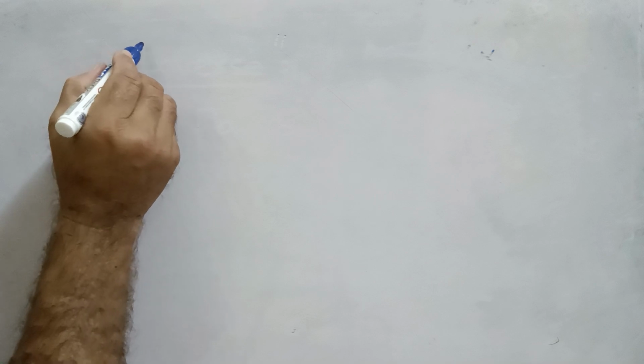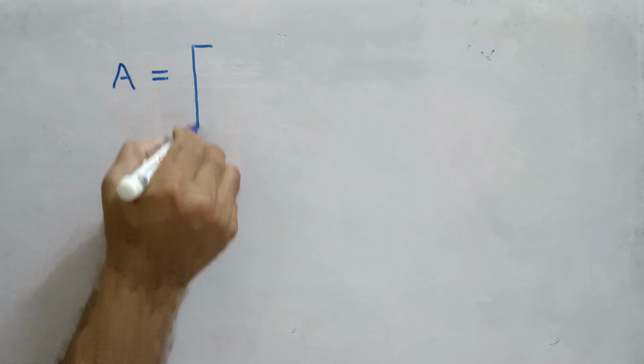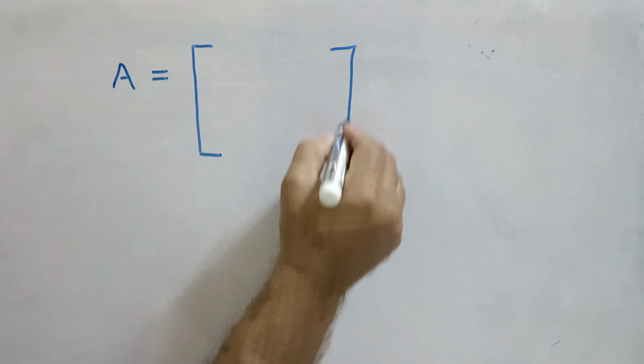If you go through our previous presentations, say for example, A is any 2 by 2 matrix where you have 2 rows and 2 columns like this.